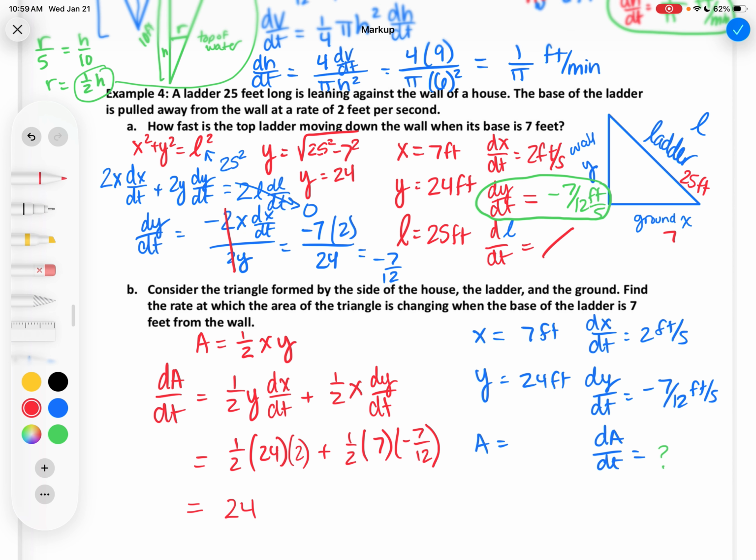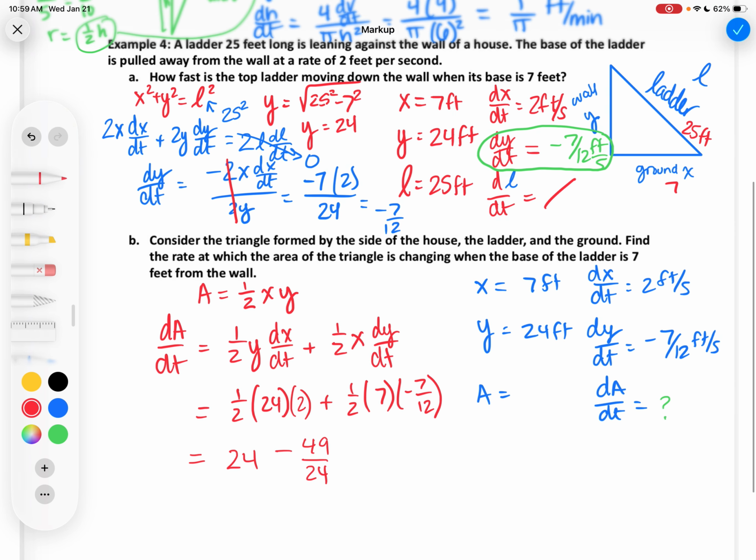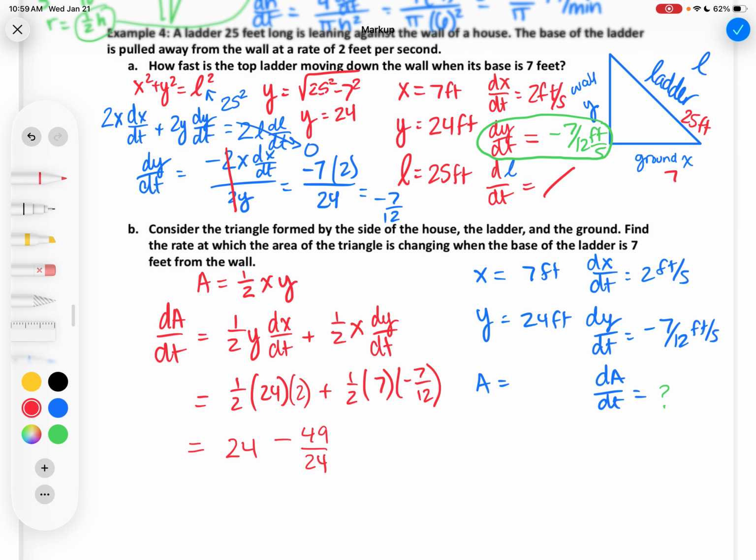So I have 24 minus 49/24. Anyways, this number ends up being 24 minus 9/24, which is about 21.96 feet squared per second, since obviously it's area.